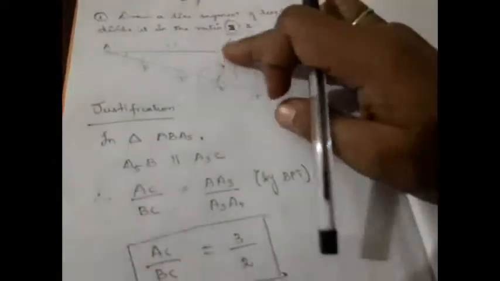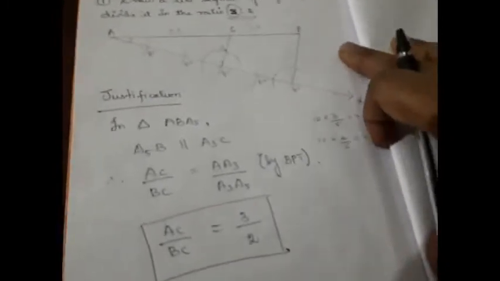I repeat, if a line is drawn parallel to one side of a triangle to intersect at two distinct points, then the two sides of the triangle are divided in the same ratio. Since this line segment is divided in the ratio 3:2, this line segment is also divided in the ratio 3:2. This is the justification behind our construction.